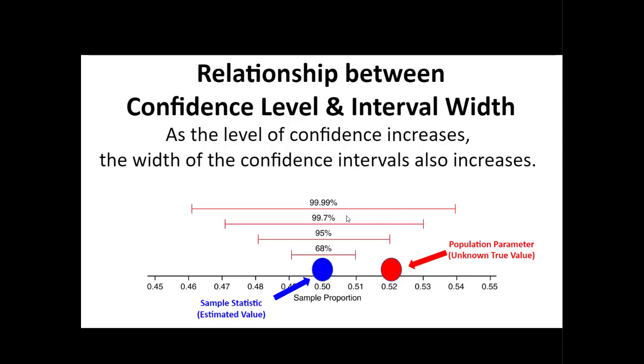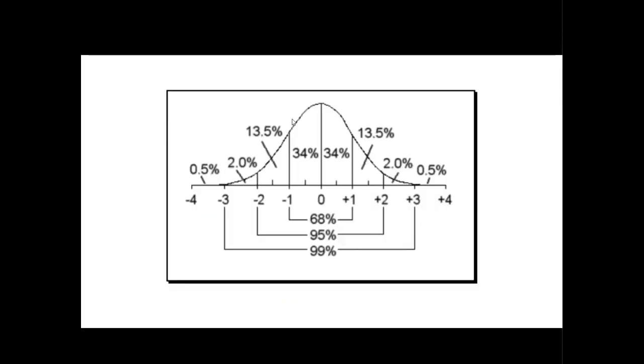As you increase the confidence of which you can state that range, the width of the confidence level also has to increase. Some commonly used values are 68, 95, 99, which, if you recall, are what we started talking about many chapters ago, many lectures ago, right?